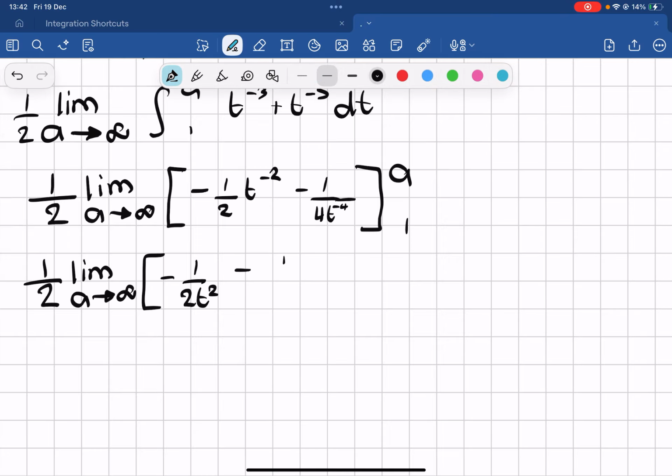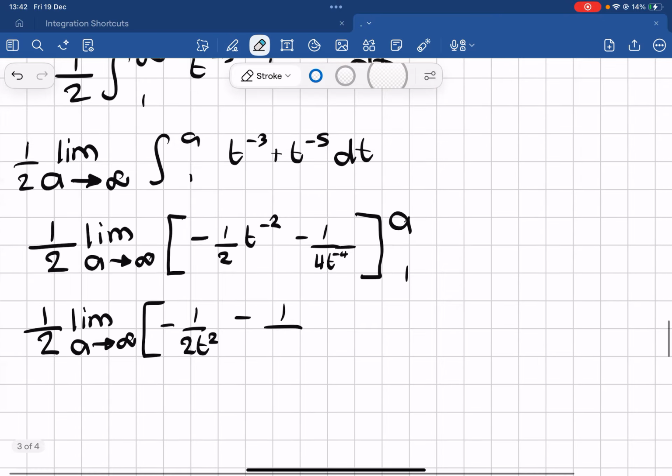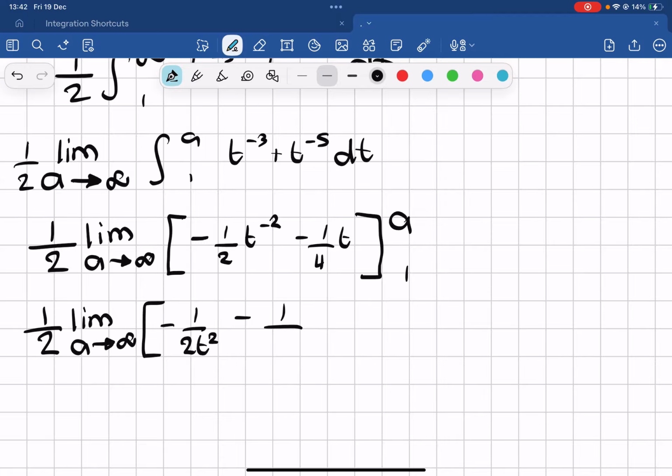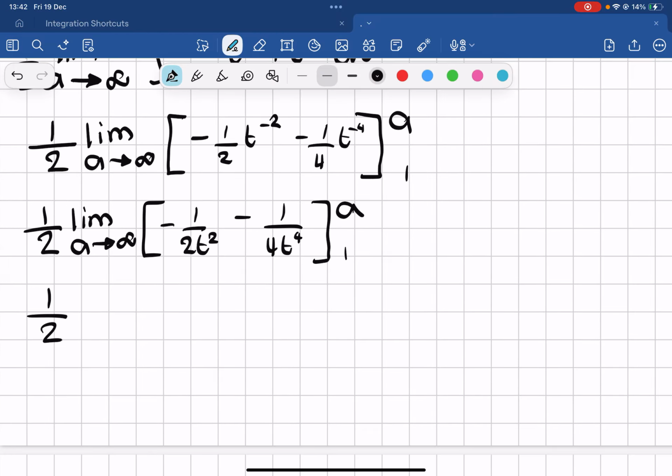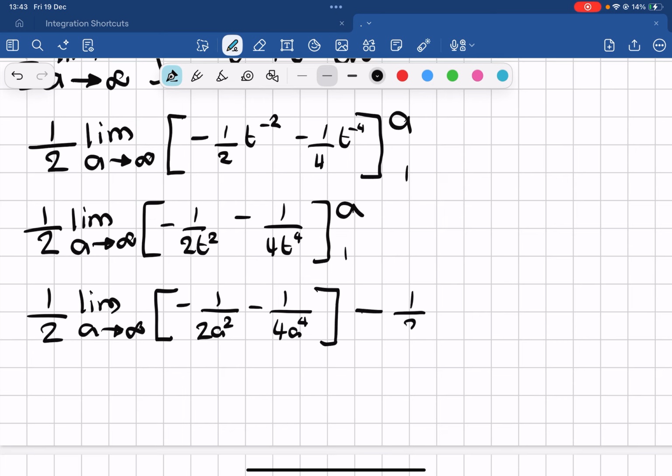We've got a half, limit as a goes to infinity, of minus 1 over 2a squared minus 1 over 4a to the 4, minus a half.